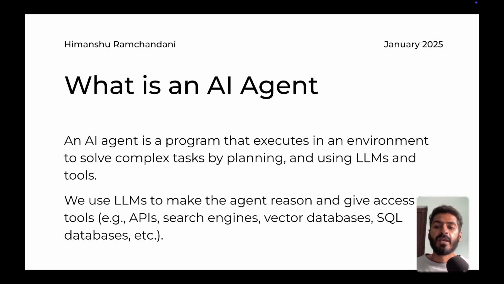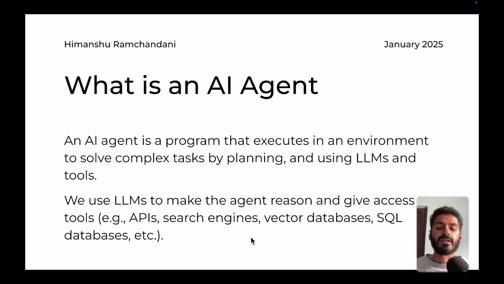So how is an AI agent different from any LLM? An LLM is trained on a specified data set. There's a particular data set available and the LLM is trained on it. But an AI agent has access to different tools and external data sources. In this example, the agent is going to access different APIs.